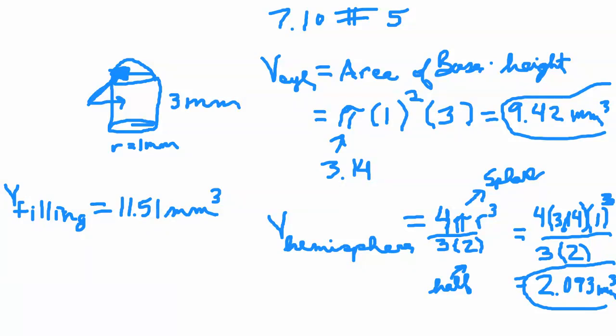So 2.093 plus 9.42 equals 11.51 cubic millimeters.